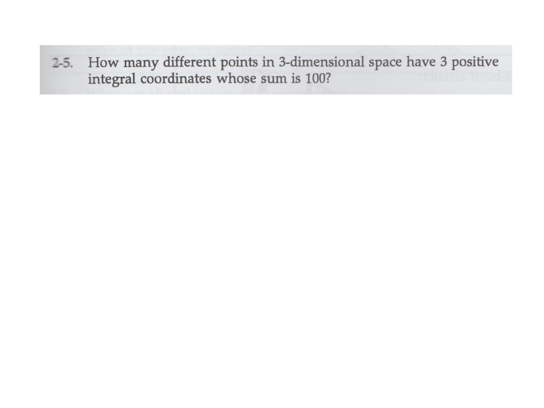How many different points in a three-dimensional space have three positive integral coordinates whose sum is 100? Okay, so you guys remember the coordinate plane, the three-dimensional one, x, y, and z, right?